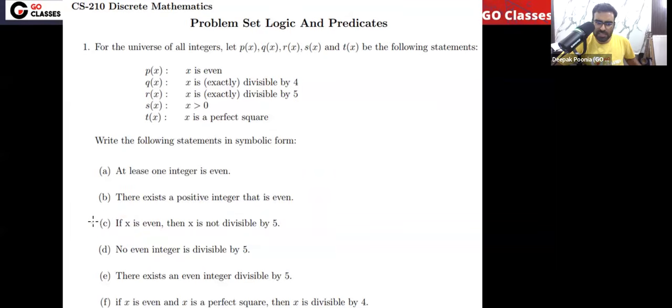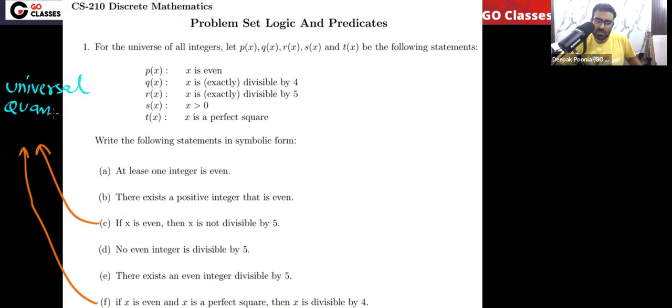So here, please understand that in this statement also, the universal quantification is implicit, or I can say hidden. I hope you understood this.